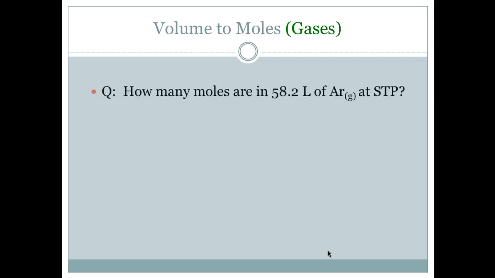Going in the reverse direction, how many moles are in 58.2 liters of argon at STP? We're given liters and asked for moles. So let's set up our proportion. First, 1 mole of argon is equal to 22.4 liters of argon because 1 mole of any gas at STP is equal to 22.4 liters.